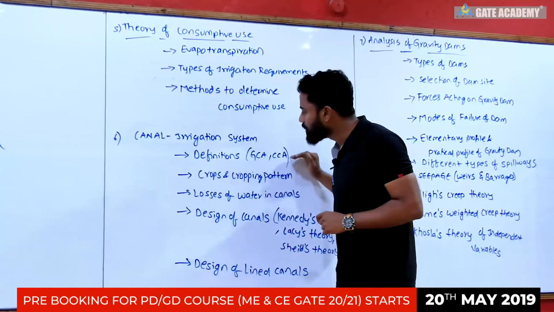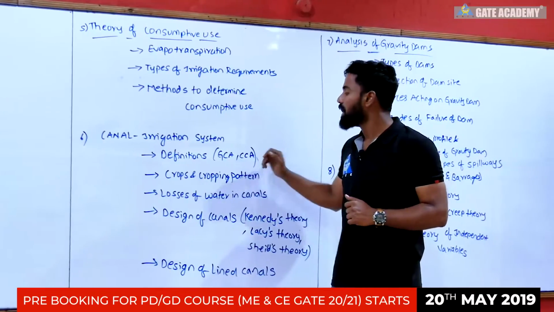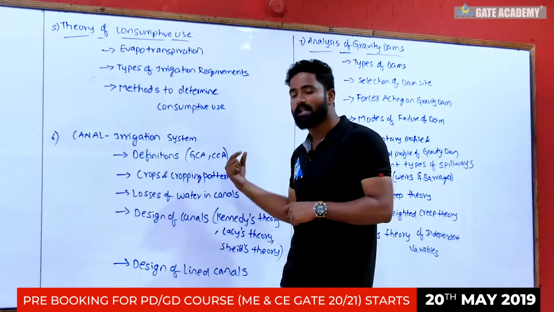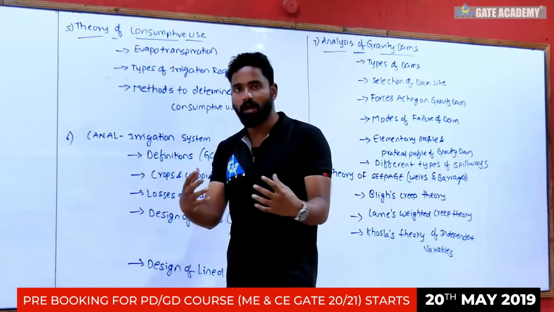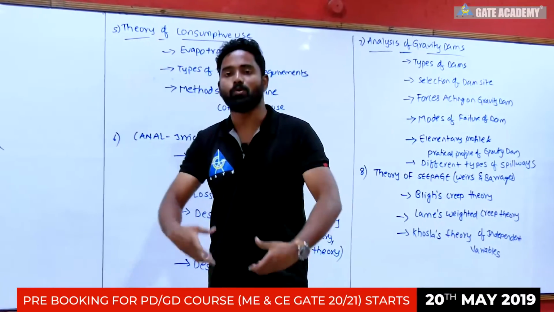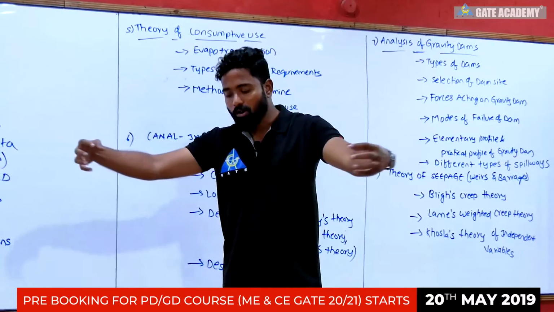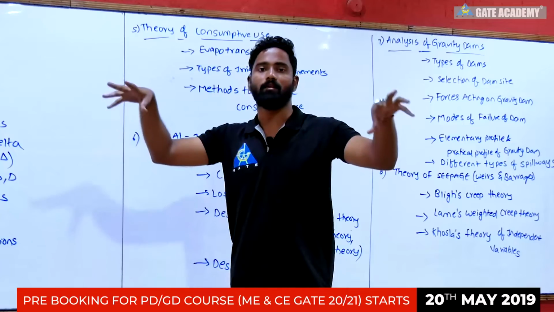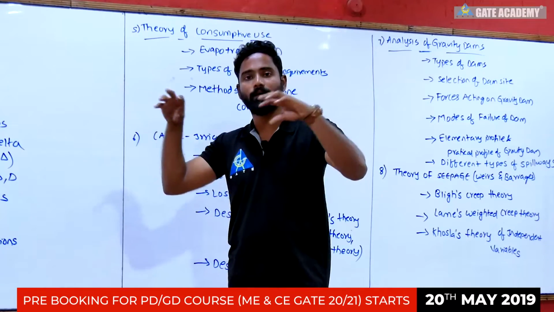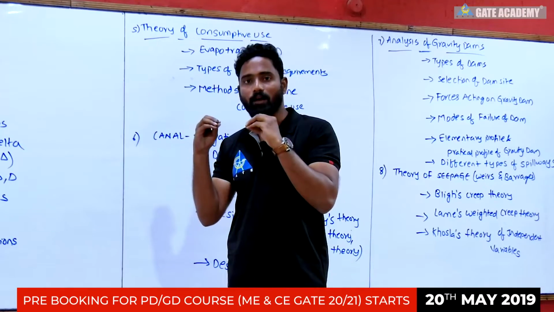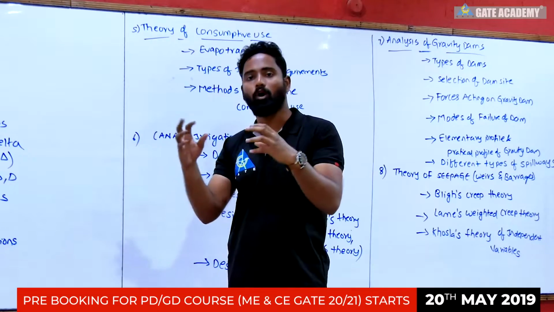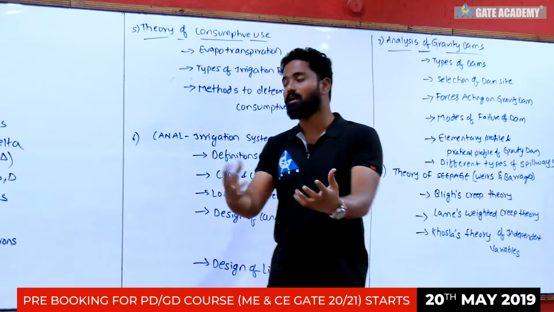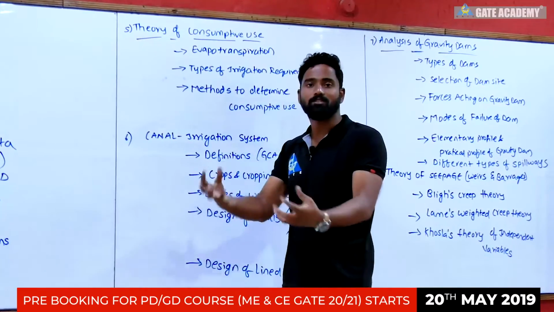So everything will be discussed in canal definitions, and what is the gross command area and culturable command area. Gross command area means when a canal goes, it irrigates all the area, but in that area there will be institutions, there will be fields, there will be residential areas, and all those things, and you are not going to irrigate the residential area, you are not going to irrigate the institutional area, right?